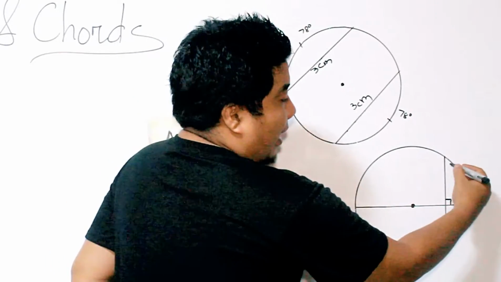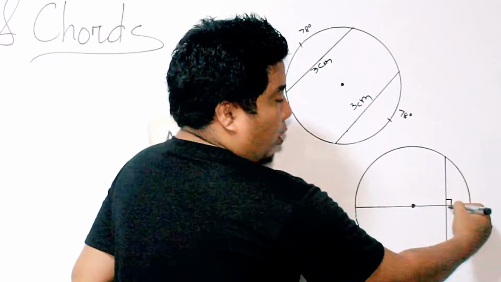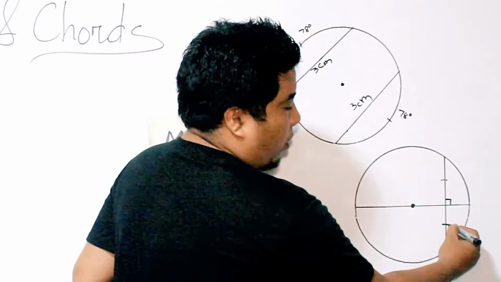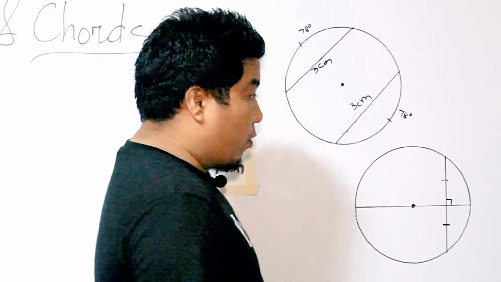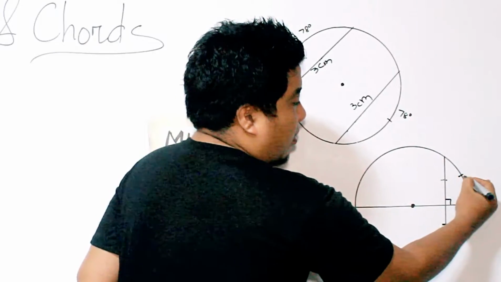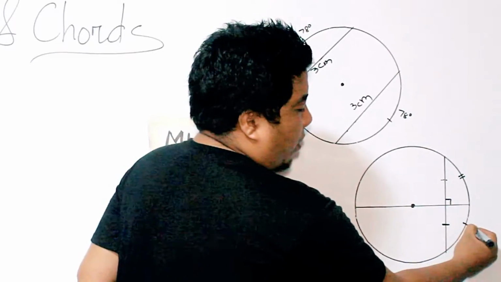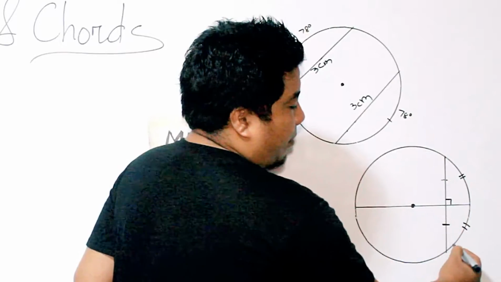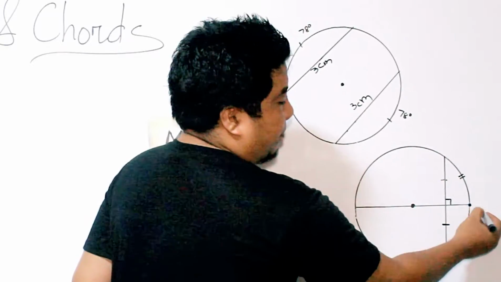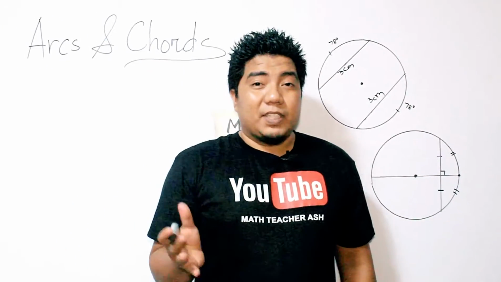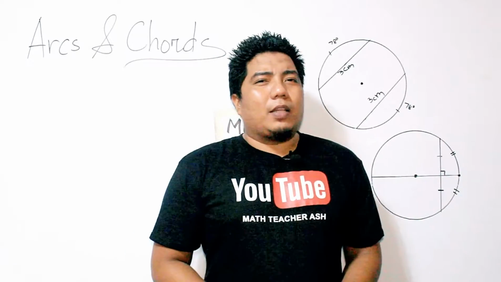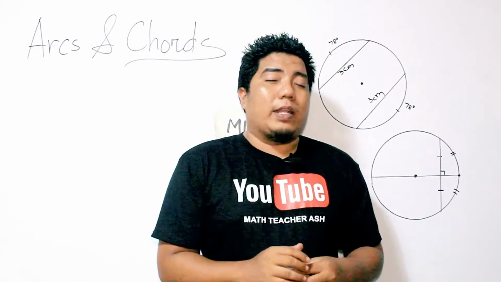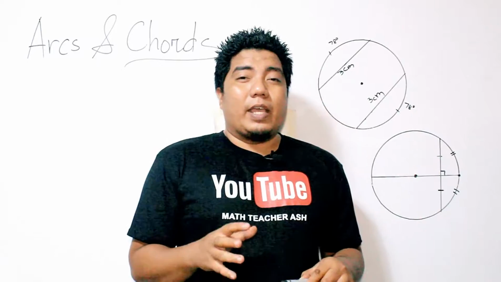Thus, we can say that the length of this part of the chord is also equal to this part of the chord. Of course, this arc is also equal to this arc with the same endpoint on this part. Easy, right? Now, for you to understand the whole concept of this one, let's put some examples and let's try to solve it.